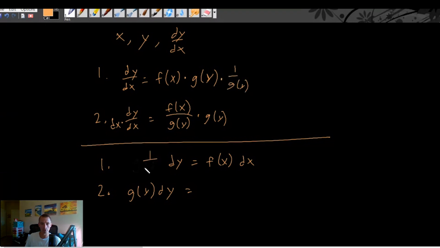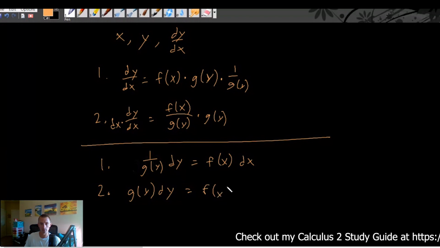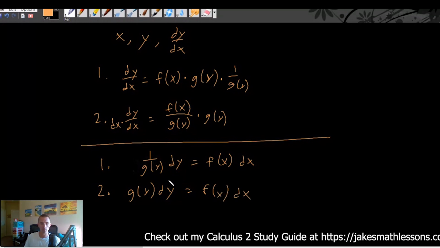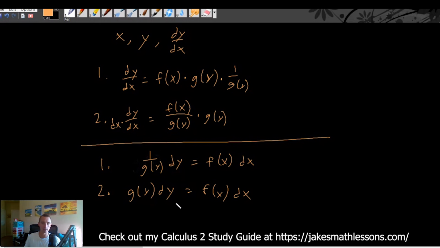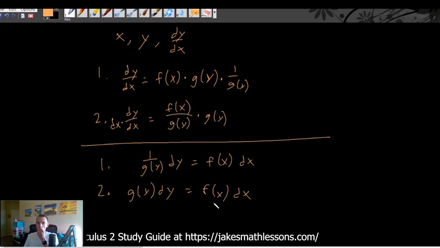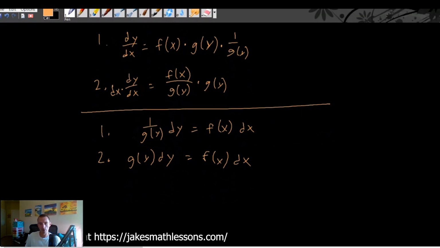So 1 over g of y would be multiplied to the left side of the equation. In the first example, we have 1 over g of y, and then in the second one, we have g of y times dy. And then similarly, multiplying the dx over just leaves us with f of x dx. So basically, we either get 1 over g of y dy or g of y dy equals f of x dx. Okay.